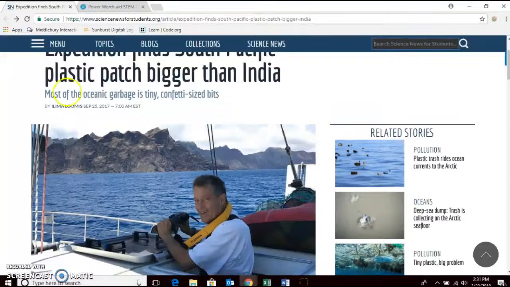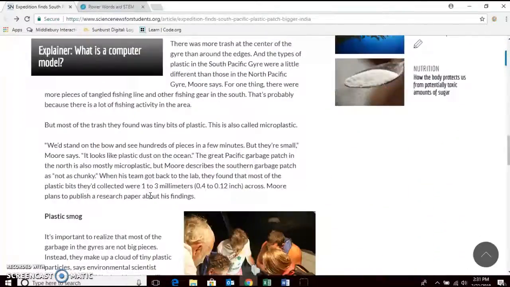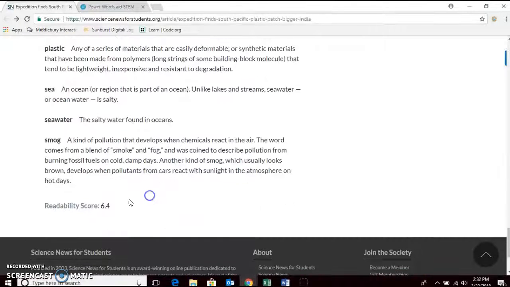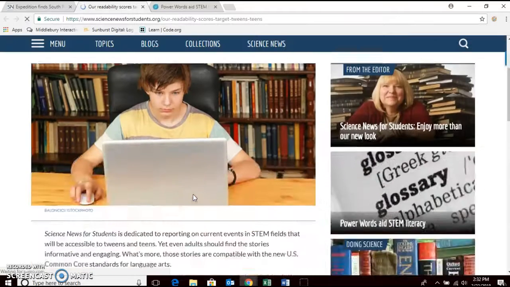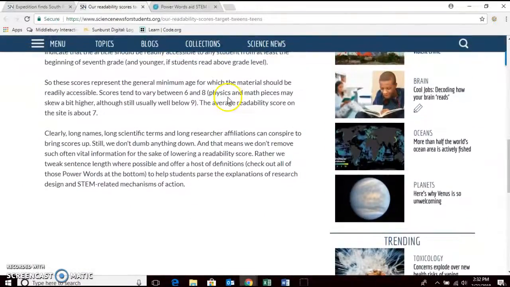The intended audience is middle school, which is perfect because that is what I need for my class. That's another really nice part about this: it tells you the readability score, which you can go click on. And let's see, the average readability score on this site is about 7.